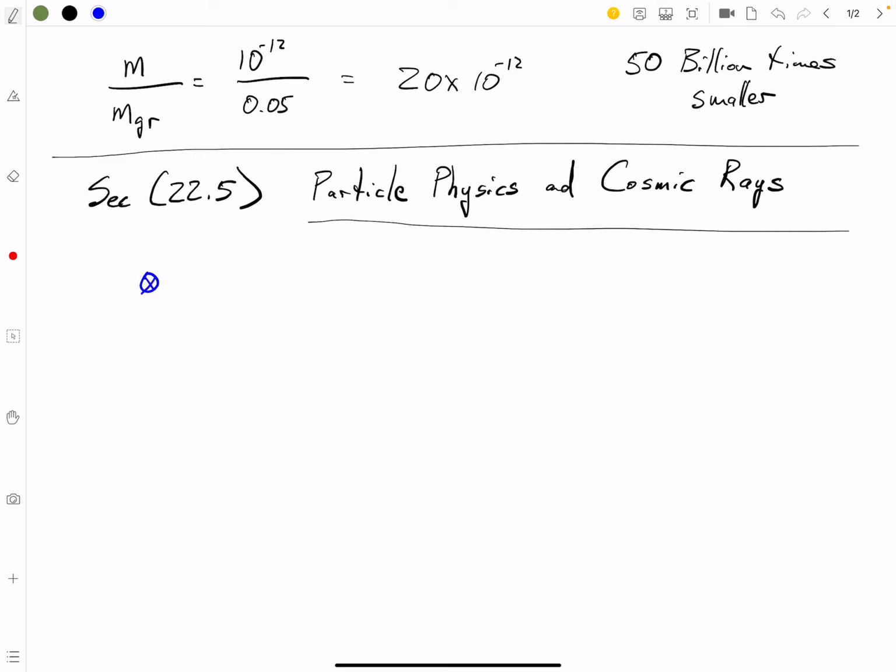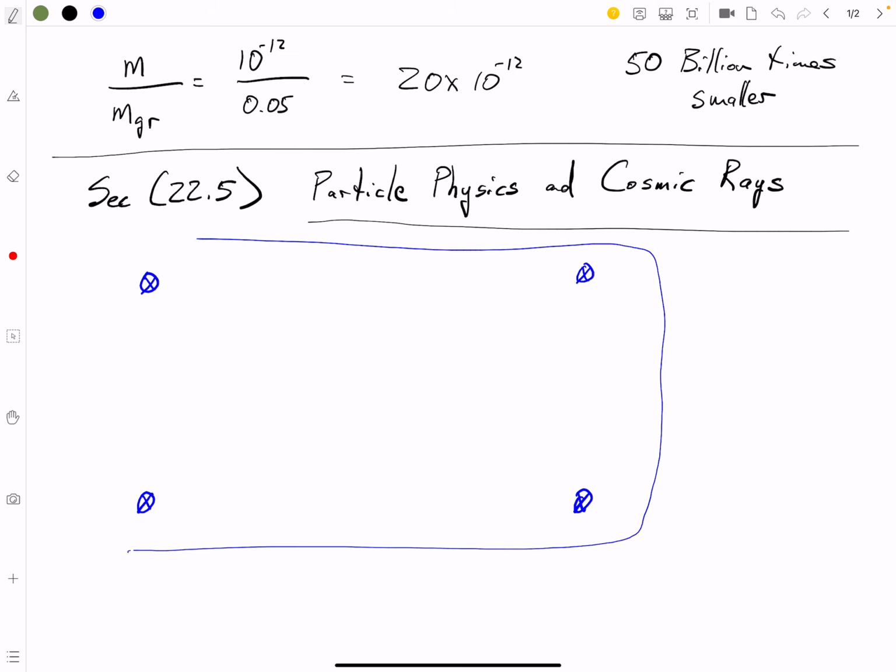So imagine this region is our into-the-page magnetic field. And some particle is going to come screaming on in here with some velocity v, moving into our B field.